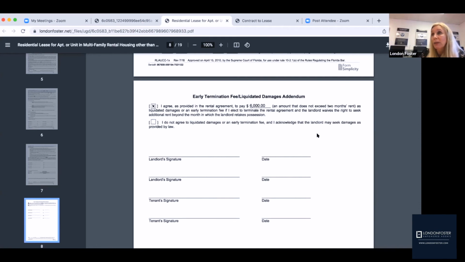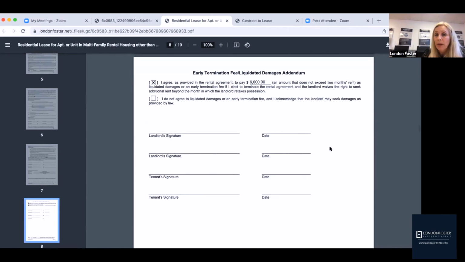So this owner could basically take $12,000 from the tenant in this situation. The minute a tenant breaks the lease, the owner is allowed to keep that security deposit for a broken lease plus the $6,000. So this is an important page.